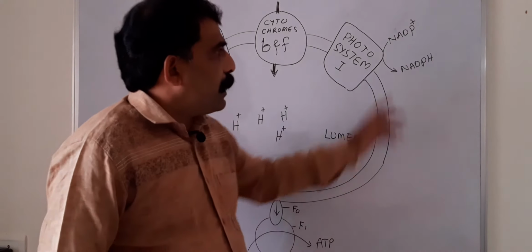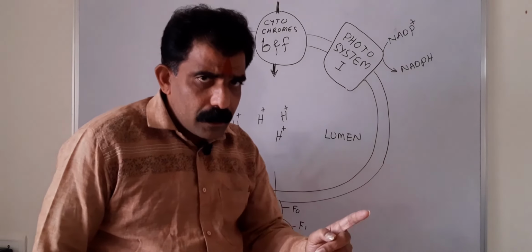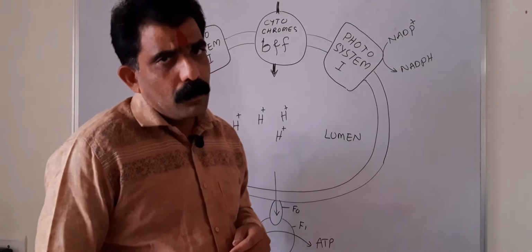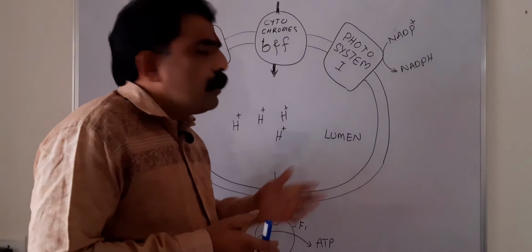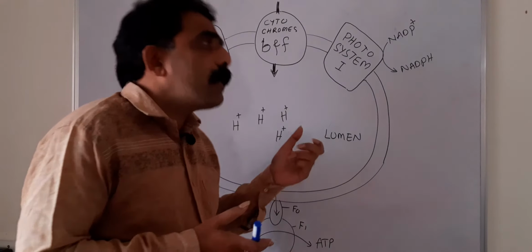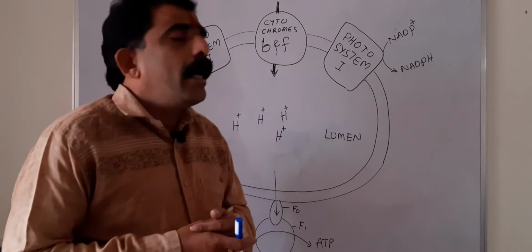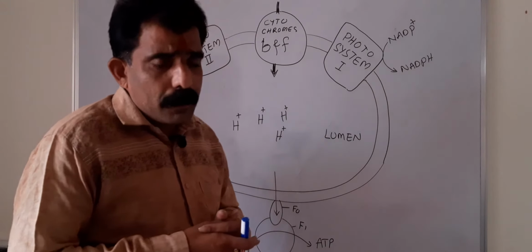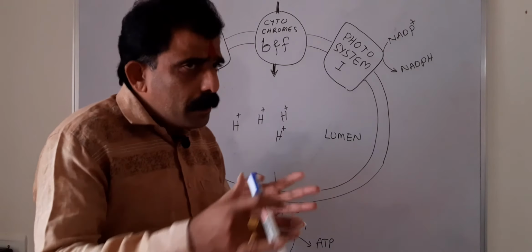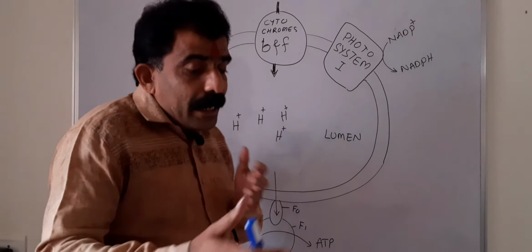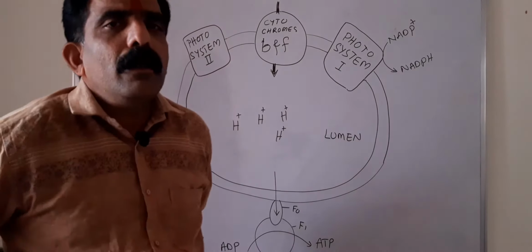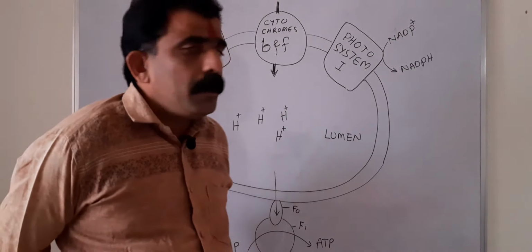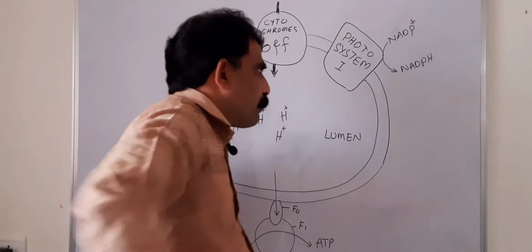For the reduction of NADP plus, electrons are needed, and protons are also needed. Who donates the electrons? The P700 reaction center donates the electrons for the reduction of NADP plus. So it is partially reduced, and when it removes protons from the stroma, it is completely reduced to NADPH plus H plus.